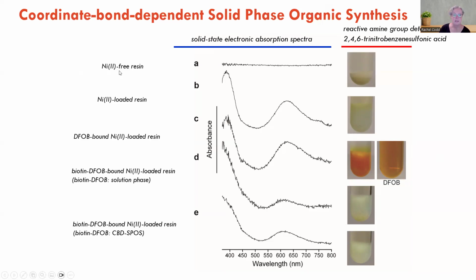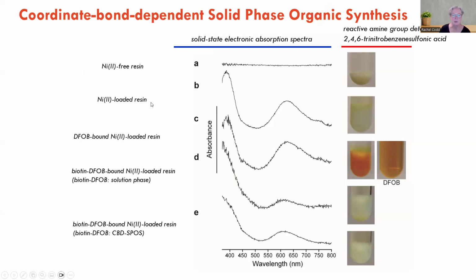And so we've taken a nickel-free resin. So this is a resin that simply contains covalently bound amino diacetic acid. And we would not expect to see any absorption in the visible region of the spectrum. There are no free amine groups in that matrix, and so we would expect to see a negative result in the presence of this colorimetric agent.